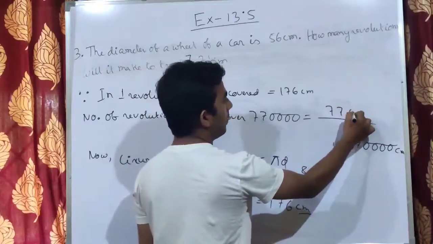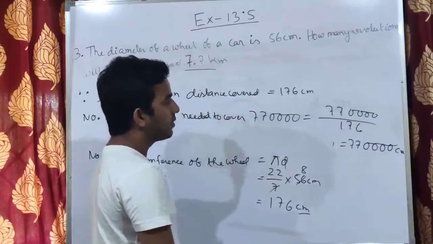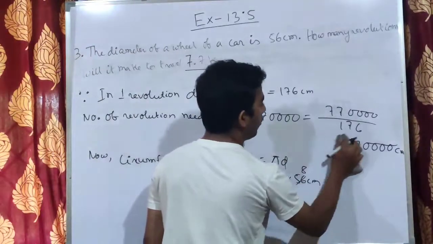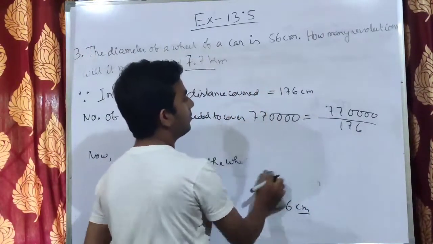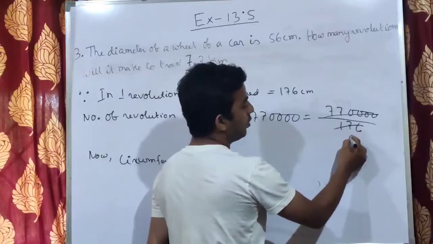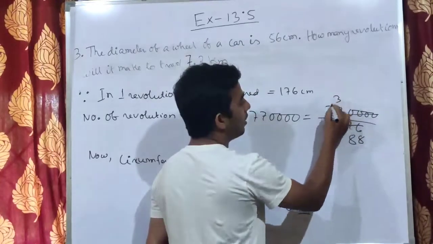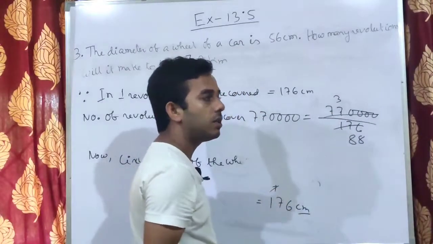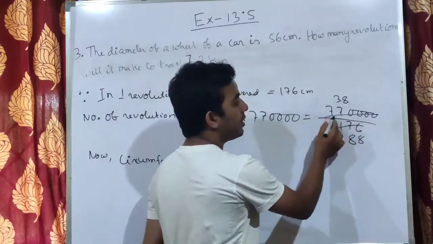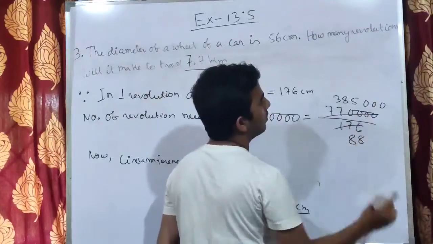That means 7,70,000 divided by 176, right? If we can cancel, look, we will cancel with 2 into 8, 16, then 2 into 3, 6, 2 into 8, 16, then 2 into 5, 10, then 0, 0, 0, right?